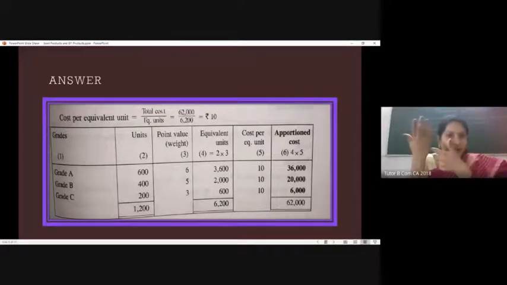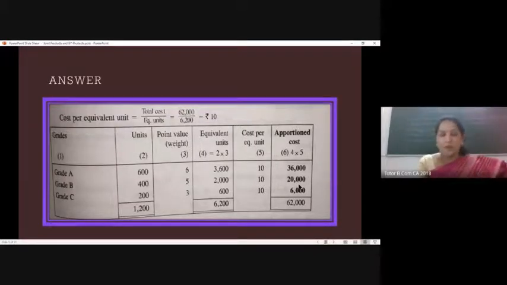The higher graded products will get higher scaling, so accordingly they will have higher weightage. Like in this question, grade A timber category was given higher points, so we multiplied that with the higher scale, that is 6. And finally, you get the apportionment cost by totaling all these. This is all about survey method.